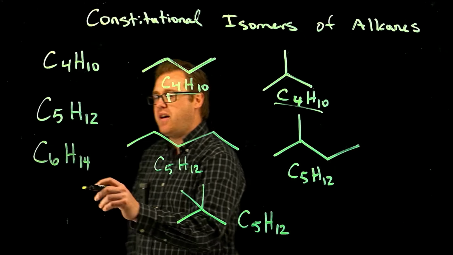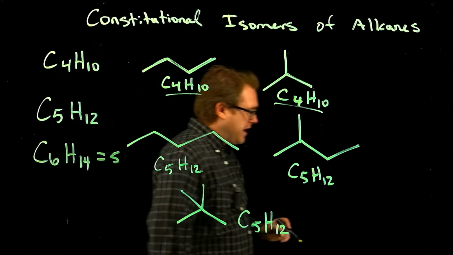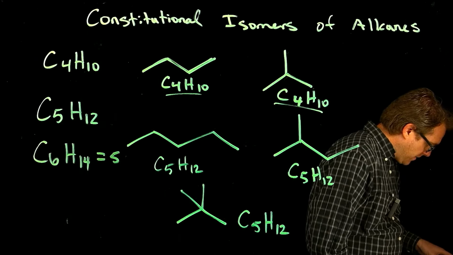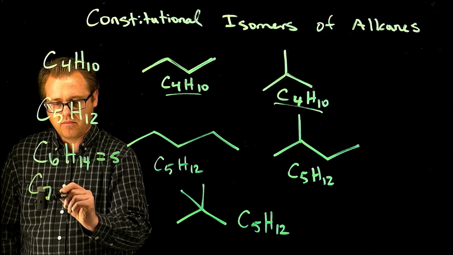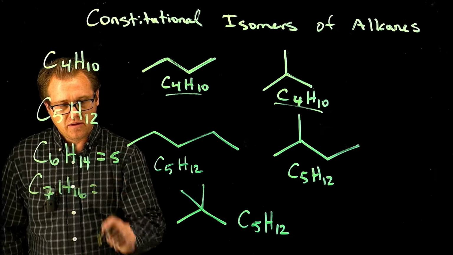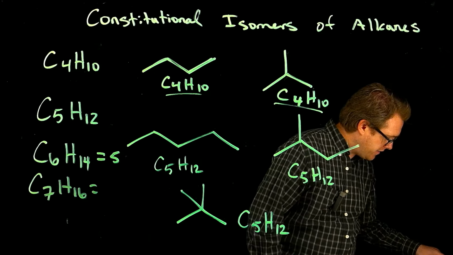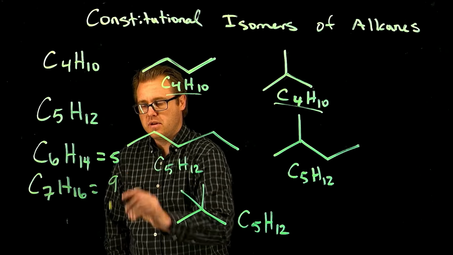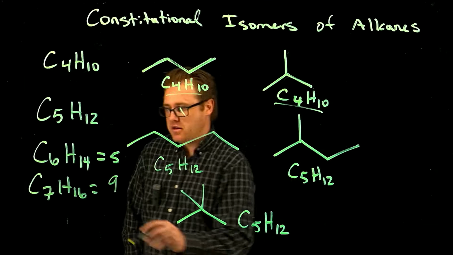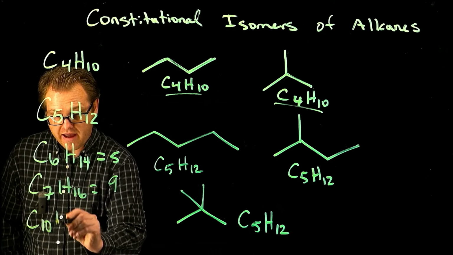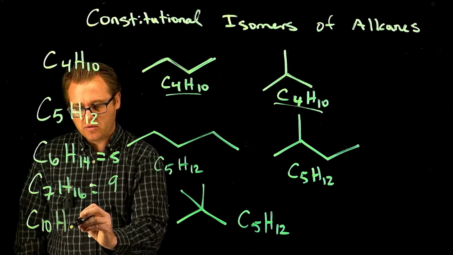We have about 5 of them. Now look at how crazy this gets. If we have 7 carbons, we're going to have 9 of them. Now I'm just going to skip down to 10. Look at this. 10 carbons. So what's that? 22.